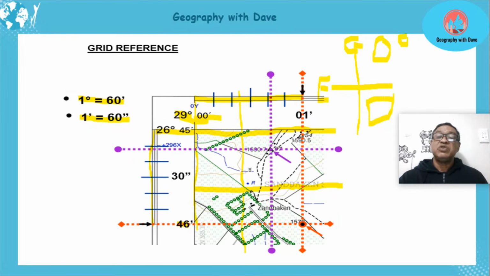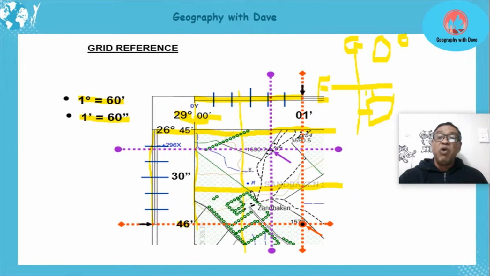South Africa is situated here, south of the equator. Can you see it? South of the equator, and we are east of the Greenwich meridian. That is why in grid reference you have south and east. South referring to the latitudes, where it's situated south of the equator, and east refers to the Greenwich meridian. It's situated east of the Greenwich meridian, which is your lines of longitude. All right, have you got that?